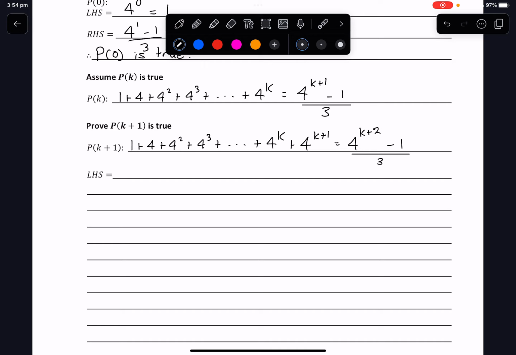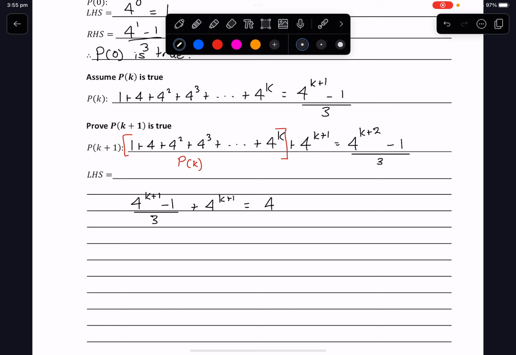So just like before, we can notice that this here is P of k. So we can say all of this stuff here is equal to the right-hand side of P of k. So my left-hand side has actually become 4 to the power of k plus 1 minus 1 all over 3 plus 4 to the power of k plus 1.